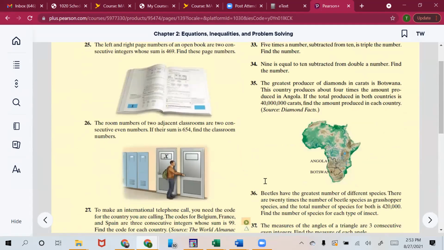So let's look at number 26. The room numbers of two adjacent classrooms are two consecutive even numbers. If their sum is 654, find the classroom numbers. Let me pull up a whiteboard.